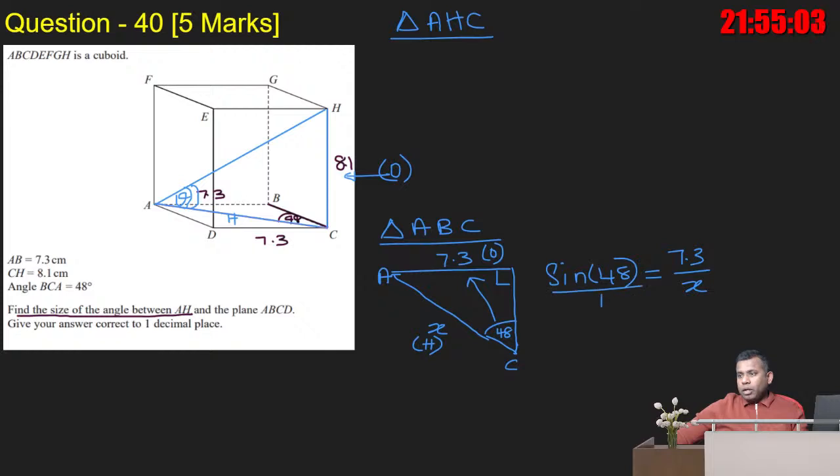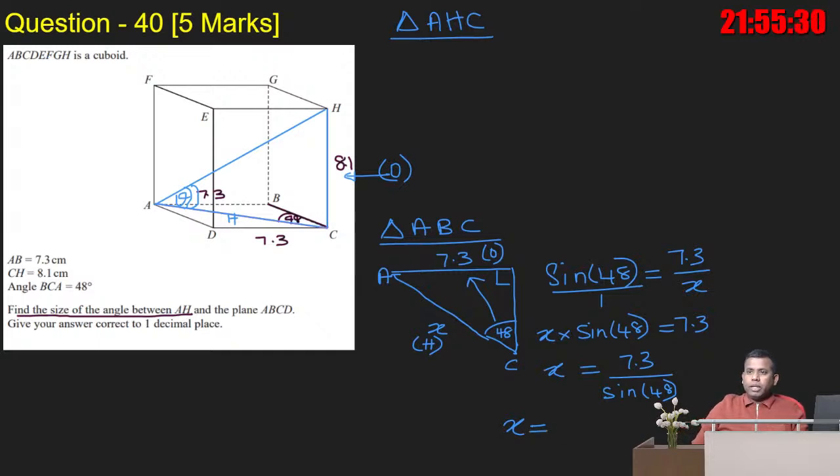Now this is over 1, cross multiply: x times sine 48 equals 7.3. So x equal 7.3 over sine 48, right?